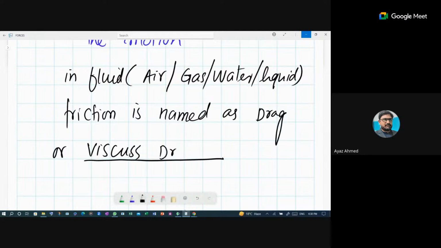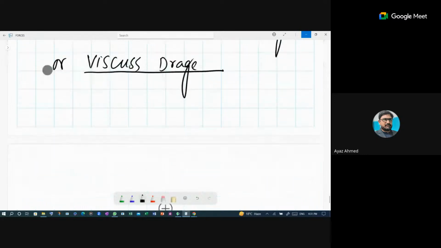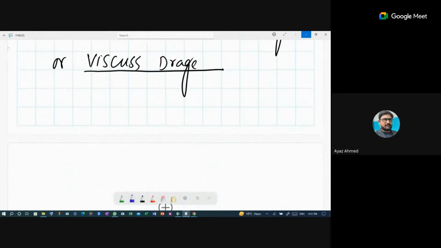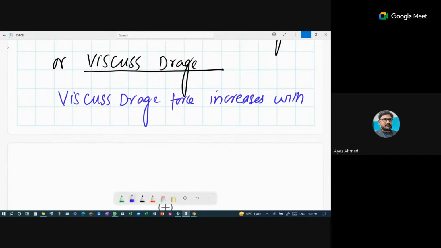The important thing about viscous drag or drag force is that it increases with the speed of the body.